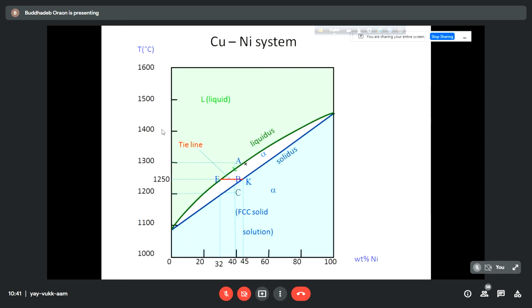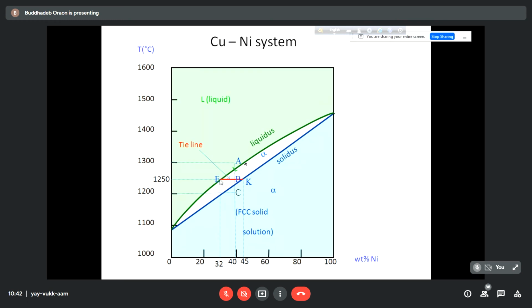Here is one point I should tell you. This horizontal red line in the two-phase region is called the tie line. This tie line will help us to determine, at a particular temperature, let us say 1250 degrees centigrade, what the percentage of liquid and solid phase will be.